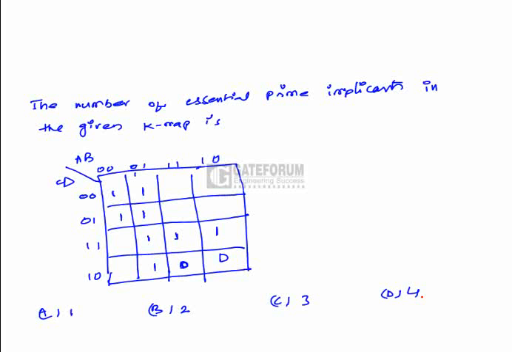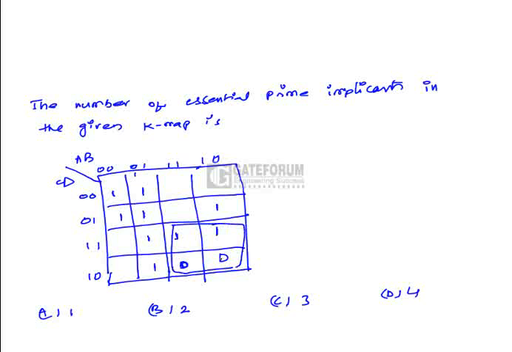The number of essential prime implicants in the given K-map is... Here let us find out the prime implicants first. We look for quads, then we'll go for pairs. So this is one possible quad.